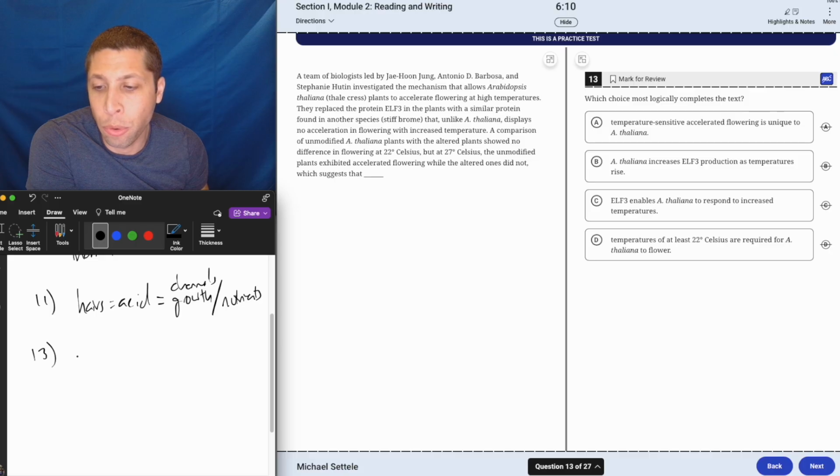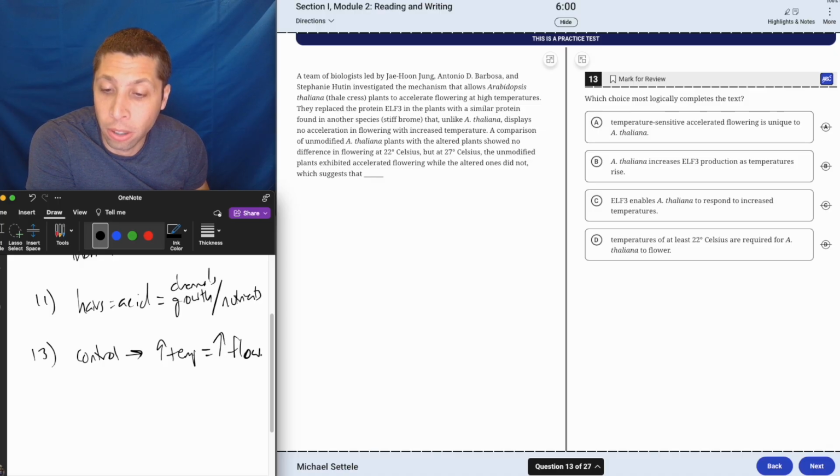accelerate flowering at high temperature. So normally, the control is going to be increase temp, increase flowers. Okay. Then they replace this thing with a similar protein, no acceleration with the increased temperature. So this is the ELF ones, right?